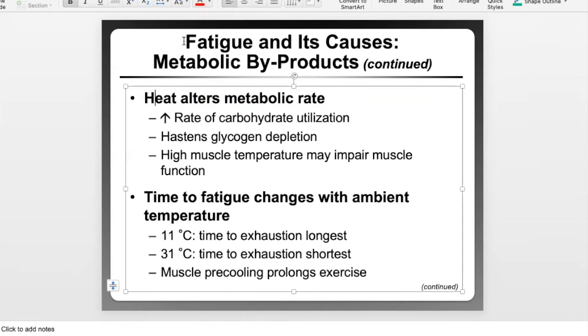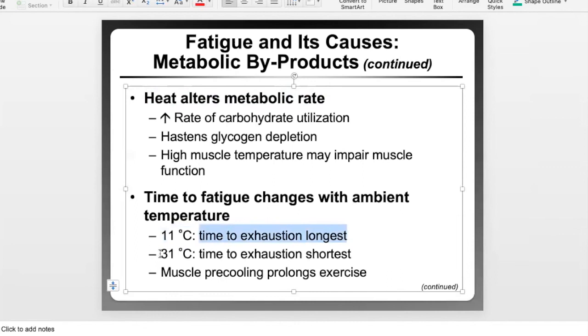All right. With just very small changes in temperature, there are increases in fatigue. All right, there are ideal temperatures that it seems as though support the correct breakdown of food for fuel and such. It seems as though 11 degrees Celsius is the best temperature to run at.